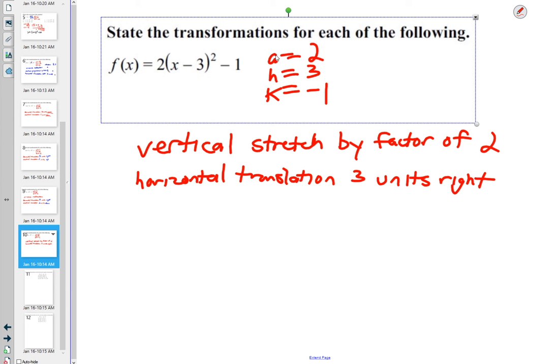What's the last transformation I'm missing? Only one left. Julian, you want to try? What's the last transformation? Good. Vertical translation 1.